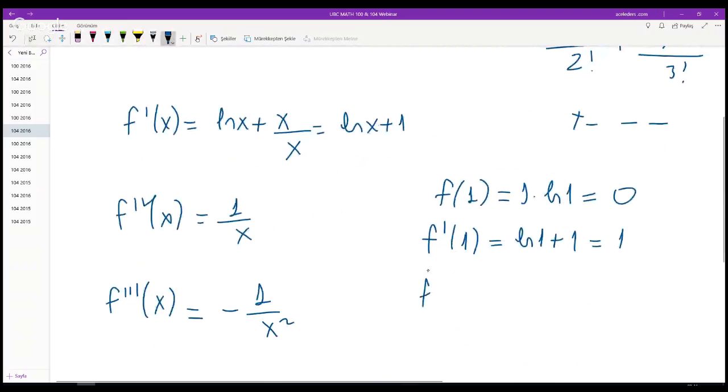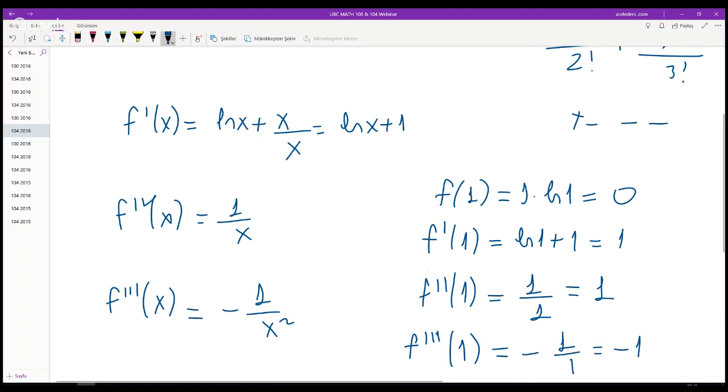The value of the second derivative at 1 is 1 over 1, which is 1. And the value of the third derivative at 1 is minus 1 over 1, which is minus 1.